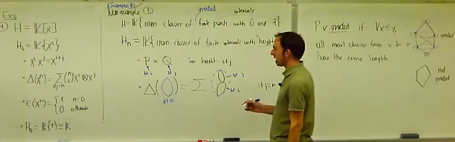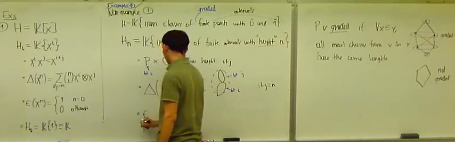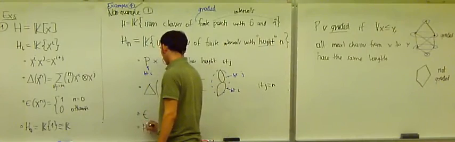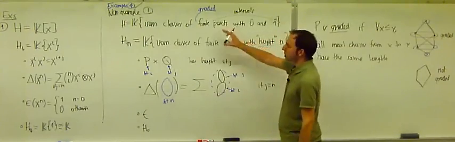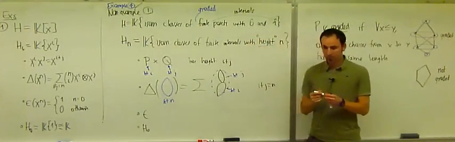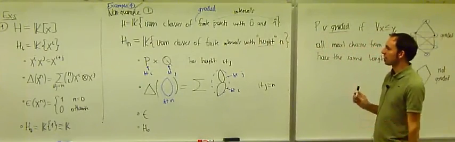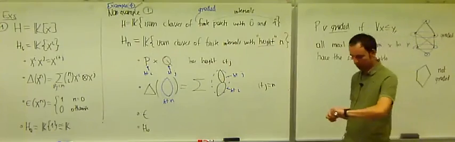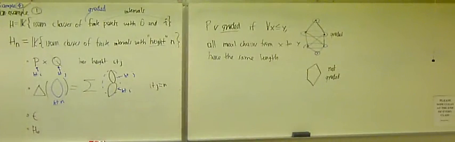Okay? And everything else is easy. So epsilon, also easy, and h0 also easy. Okay? So it works if you're graded, it doesn't work if you're not. Okay? So these are different examples of graded things.